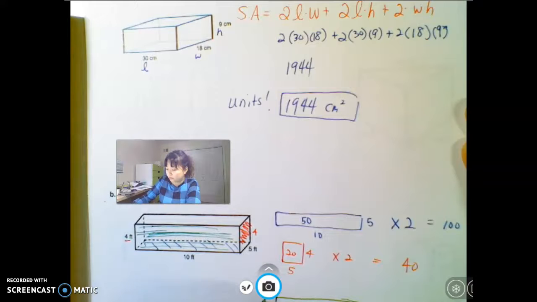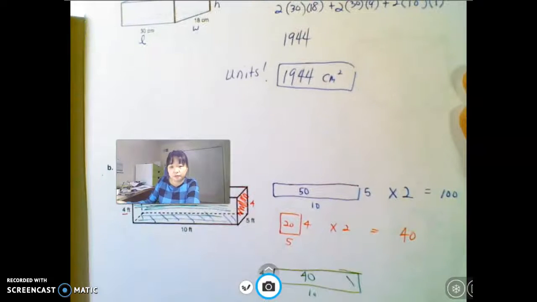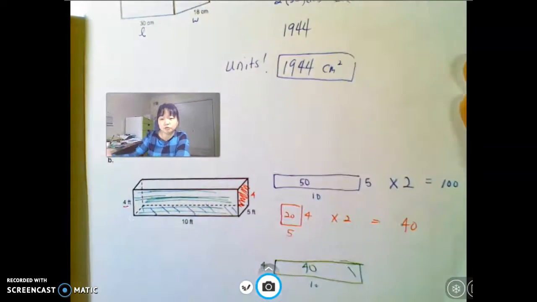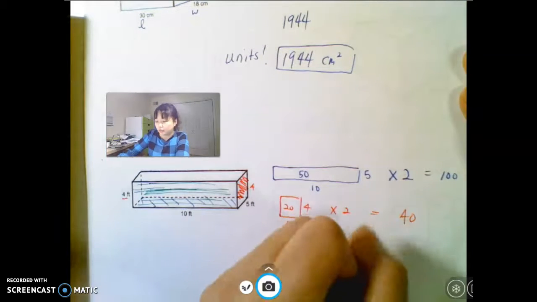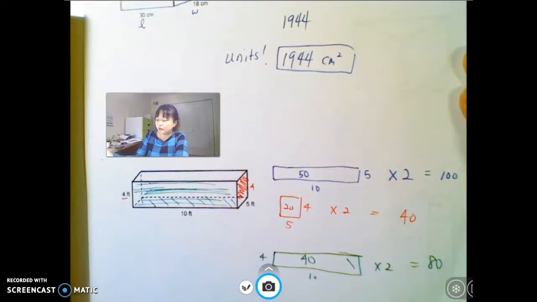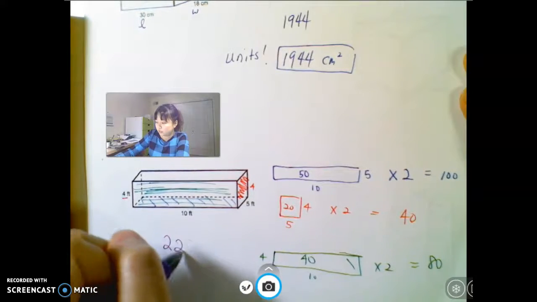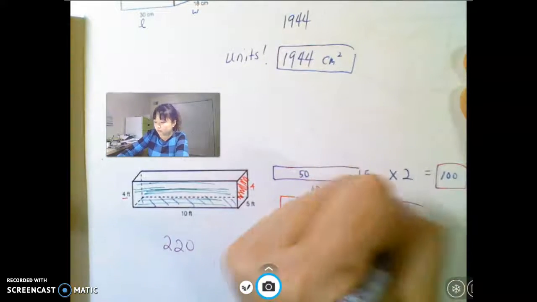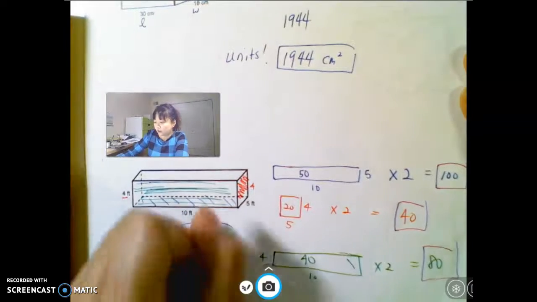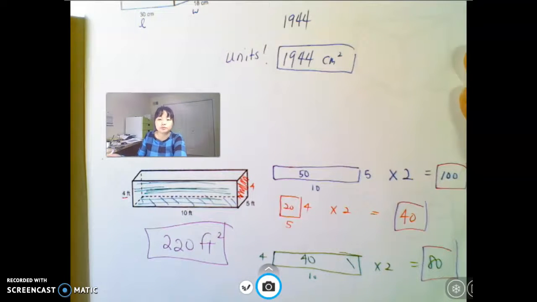So that would be 40. 10 times 4 is 40, right? And then you'd have 2 of them too, like front and the back. Times 2, so that would be 80. Then you can add them up. 100 plus 40 plus 80, that is 220 feet squared. Don't forget the unit.